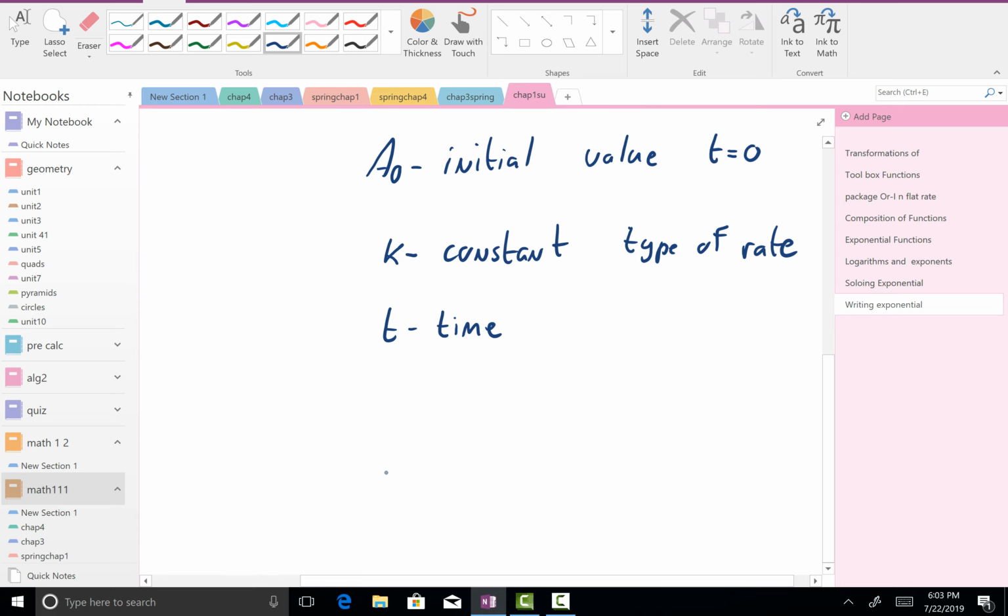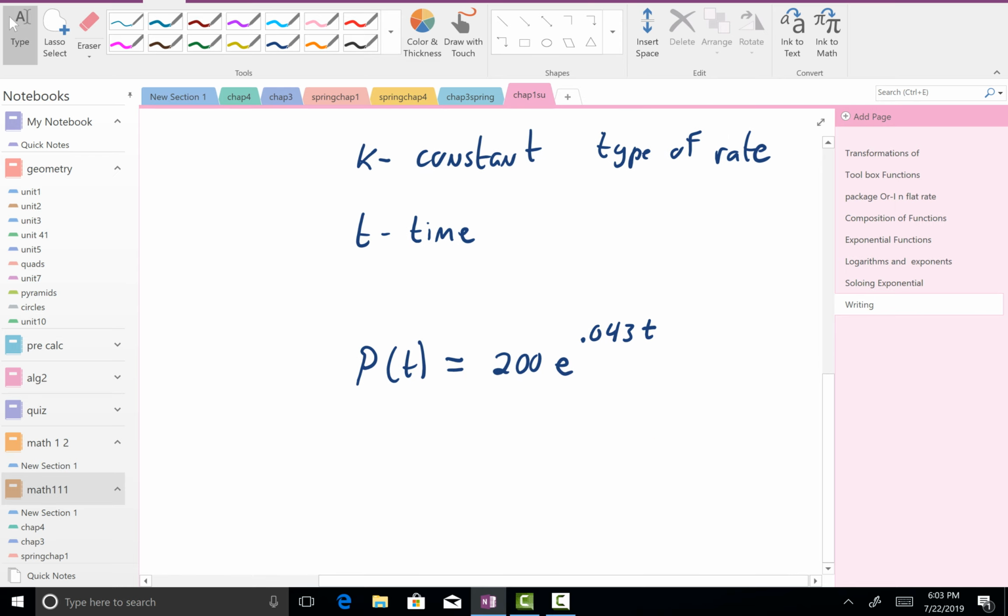I'm just going to call it P of t for a population of something. Okay, so there it is. And then they're going to ask you some questions about it and basically take a formula apart.